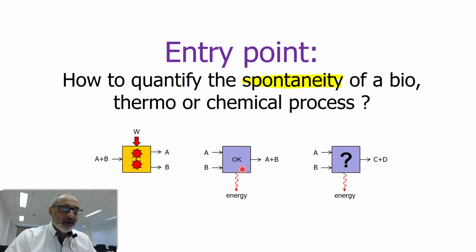If you have a mixer, A and B entering separately, being mixed, and you have A plus B, it's very natural. Given that the energetic state of the output is lower than the input, it's natural to have some amount of energy release.